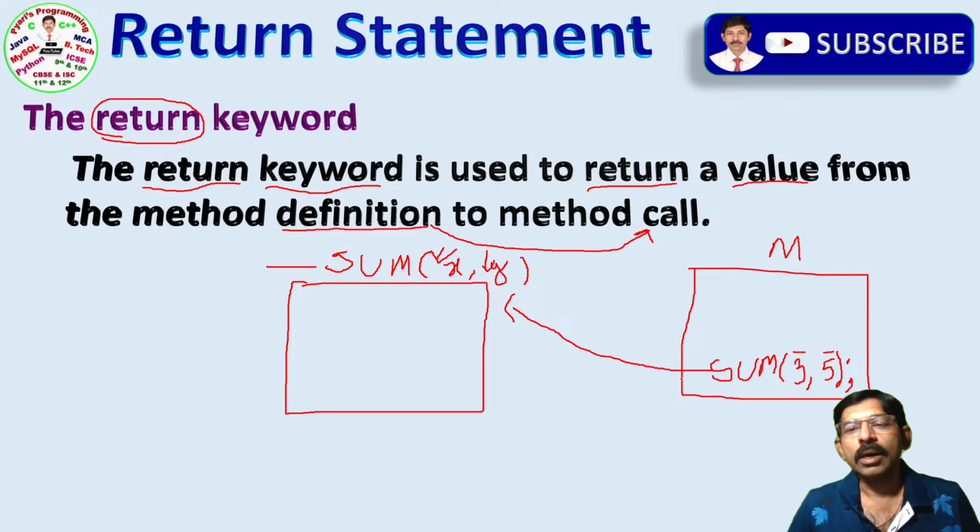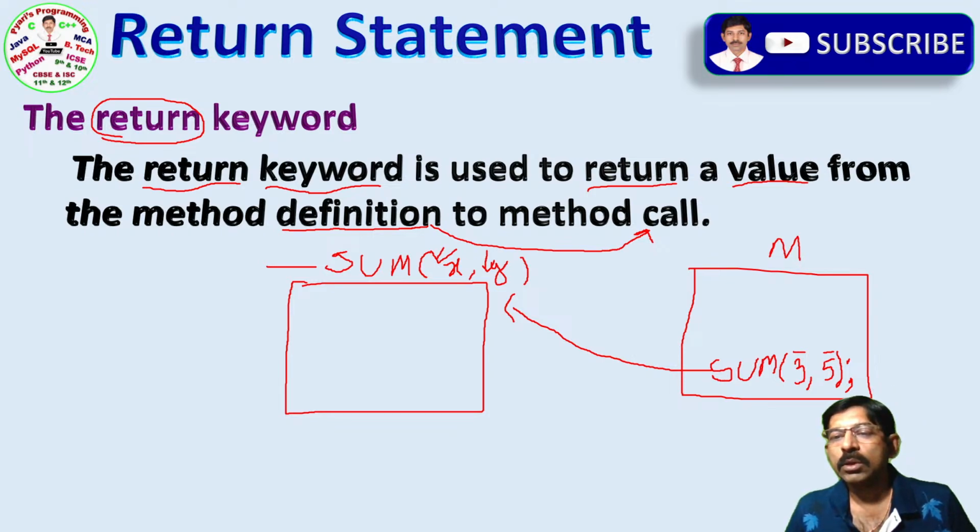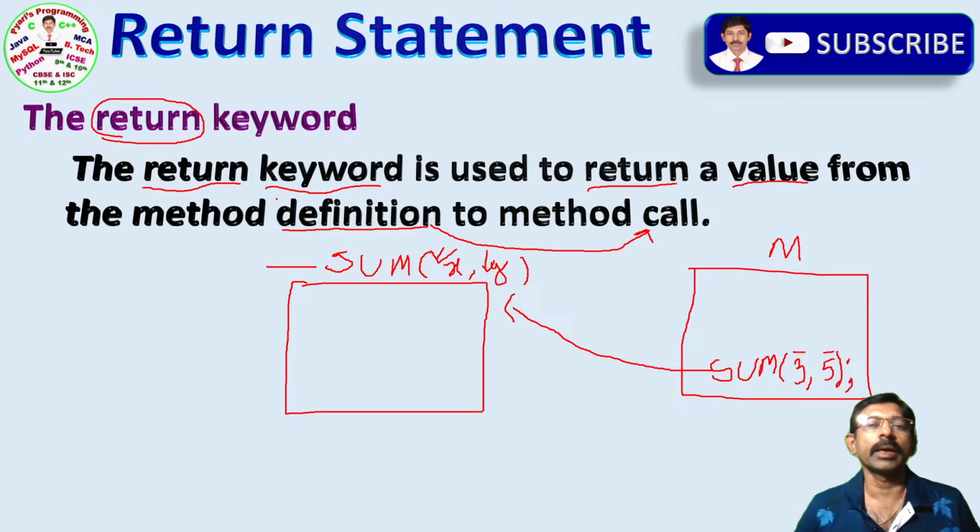Is it clear? Now the function call will transfer the control to dash. User defined method, actual parameter, method definition. Correct answer: it transfers the control to the method definition.